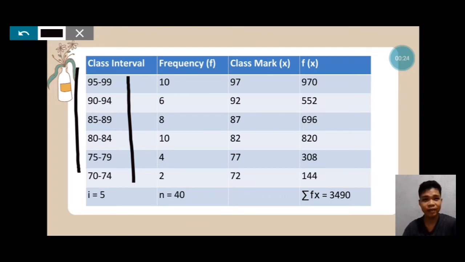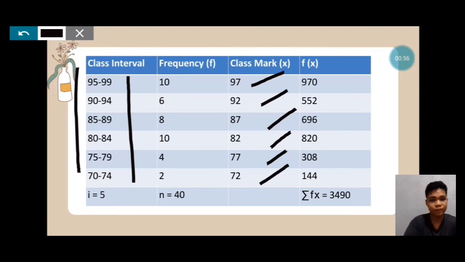Thus, 99 plus 95 is equals to 194, divided by 2 is equals to 97. 94 plus 90 is equals to 184, divided by 2 is equals to 92. 89 plus 85 is equals to 164, divided by 2 is equals to 87. 82, 77 rather, and 72.